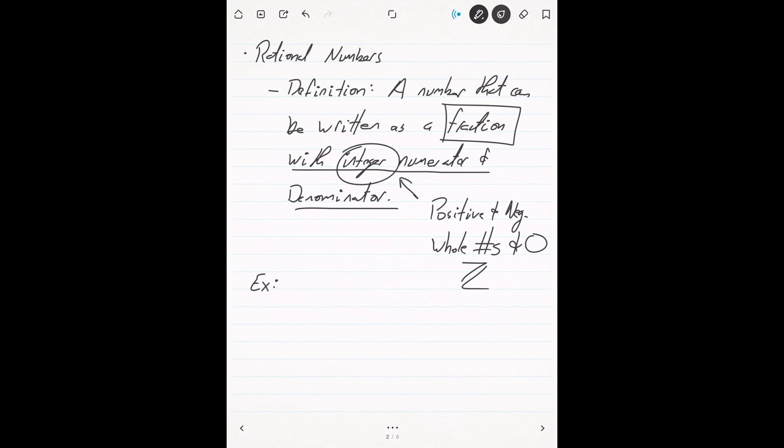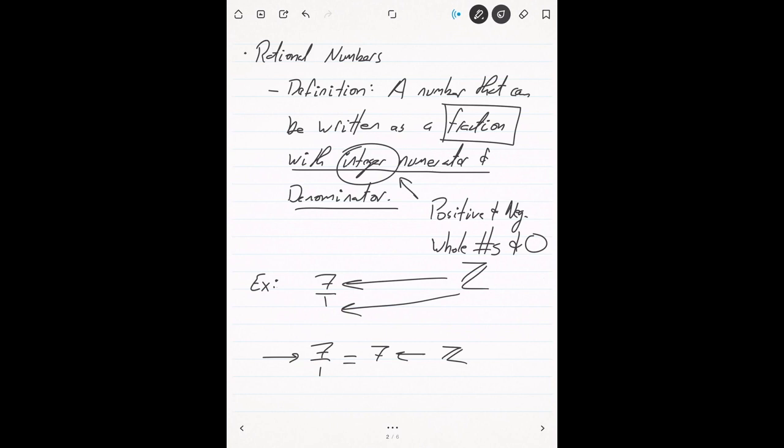What about 7/1? Is that a rational number? Well, 7 is an integer. 1 is an integer. So yes, this would be a rational number. But isn't 7/1 the same thing as just the number 7 by itself? Yes, it is. 7 is an integer, but 7/1 is also a rational number.